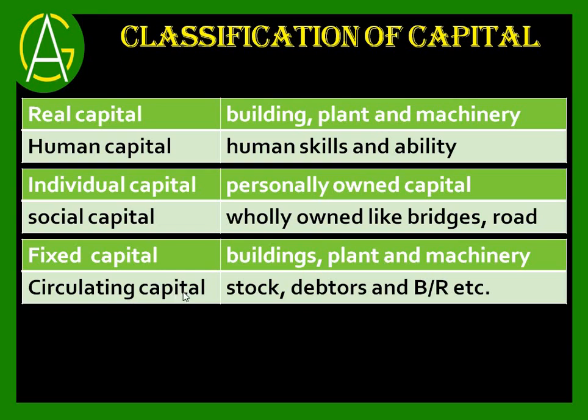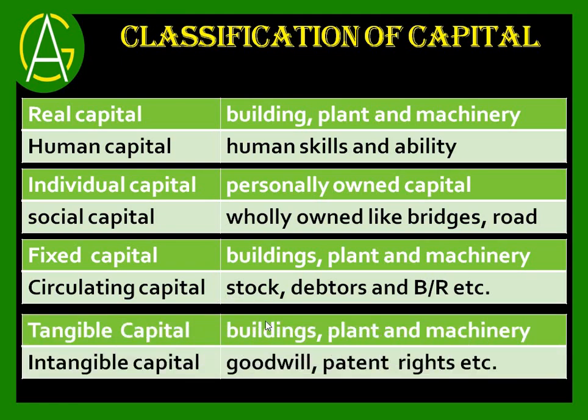But circulating capital, on the other hand, is the investment made in the capital which can be easily converted into cash, like stocks, debtors, bills receivables. They are easily convertible into cash. We can sell them and get cash out of them. So that is considered as circulating capital.